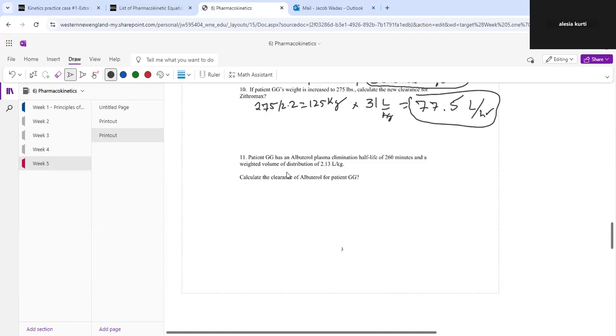When he asks for new weight, then use a new weight, but if he's asking a question in general, then use the actual weight in the case. Unless it says using new patient weight or using the information in the question. But assume it's original patient weight.